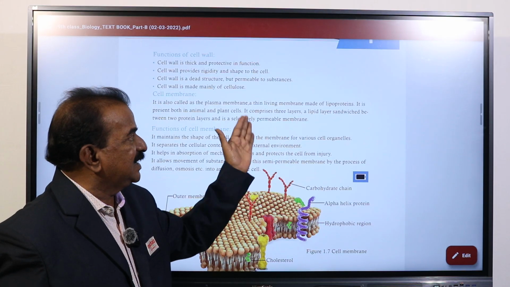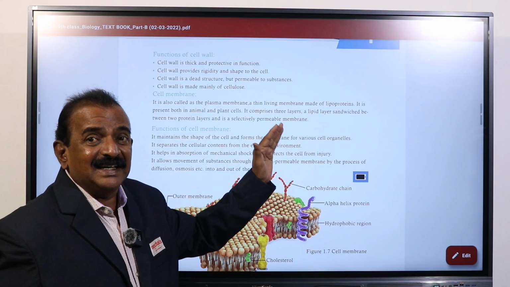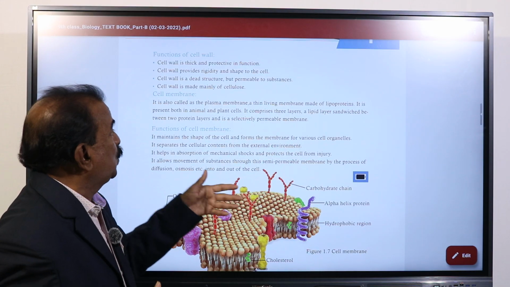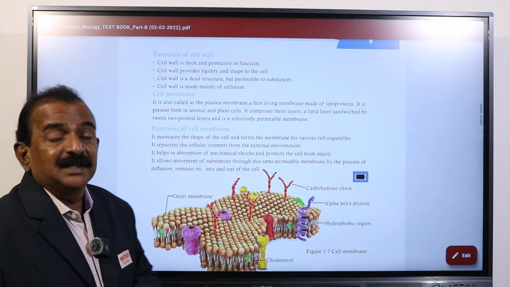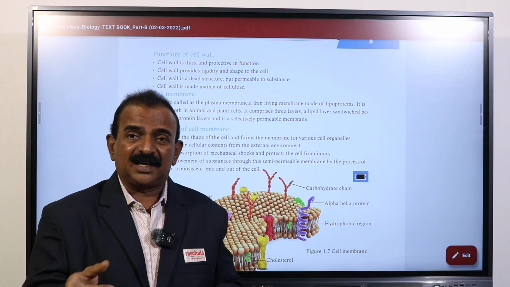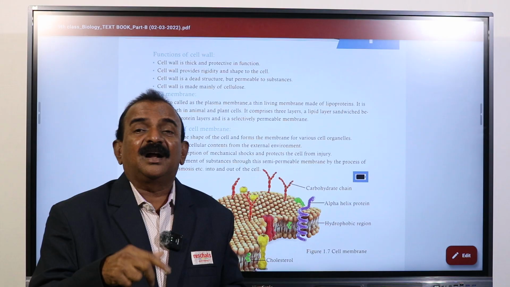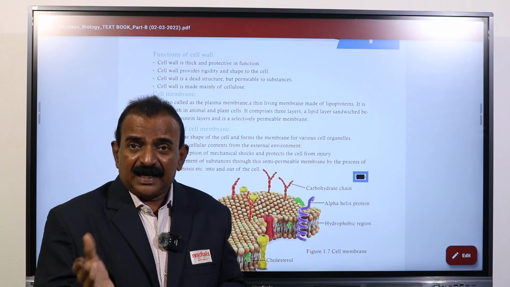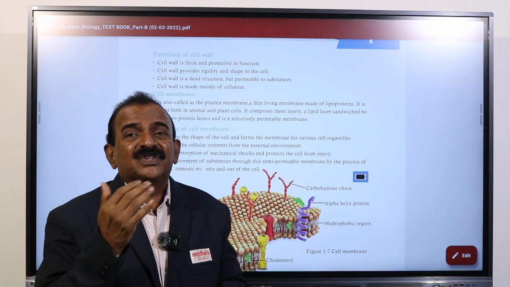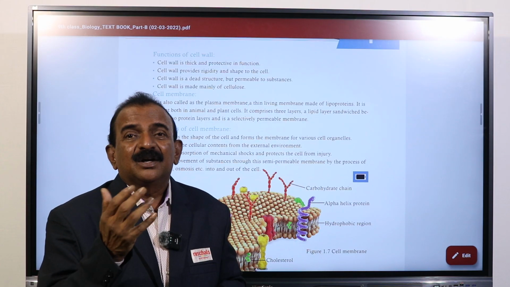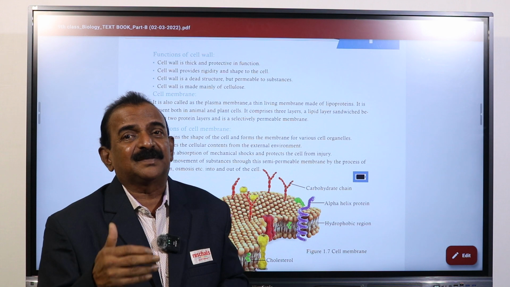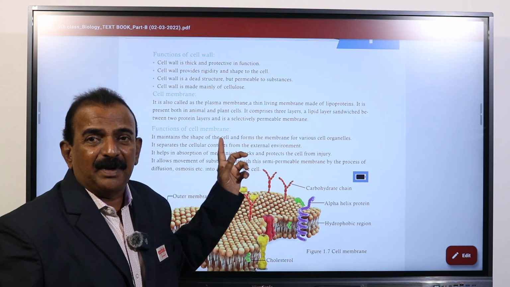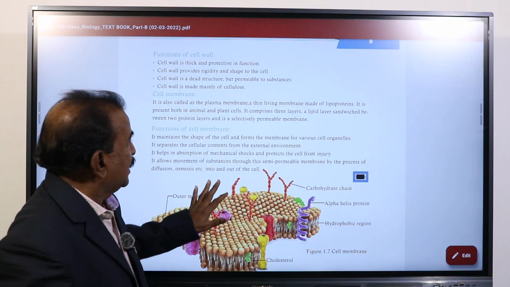So it has three layers, and the lipid layer is sandwiched between the two protein layers. The cell membrane or plasma membrane is also called a semi permeable membrane, and it allows certain substances to get in and certain substances to get out. In this way it is called a semi permeable membrane.